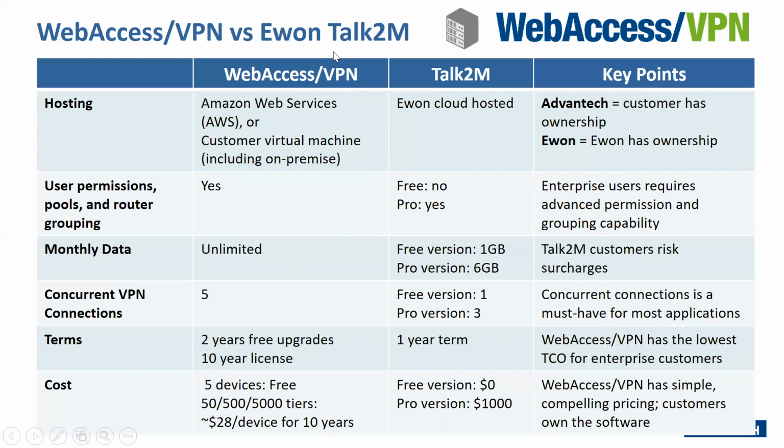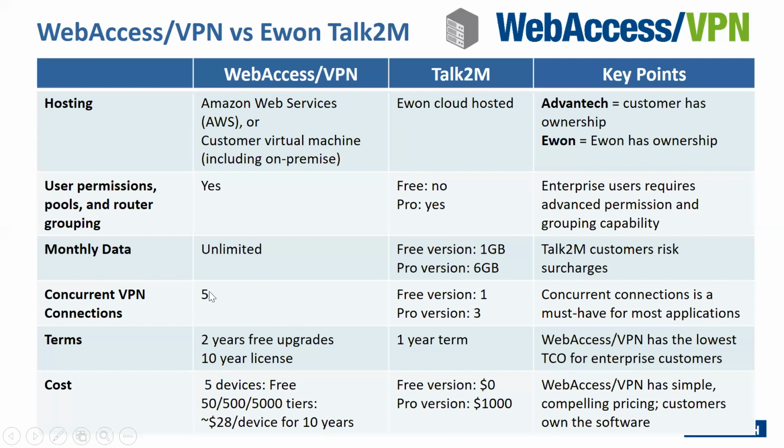Our monthly data, in the case of Web Access VPN that's hosted on AWS, you're paying some AWS hosting fee or data rate, but it's very cheap, frankly. With Talk to M, you get a limited amount of data for free. And then the Pro version, you get more, but you're still paying for it, okay? So there's a risk here if you're using E1 for surcharges when you get data overage.